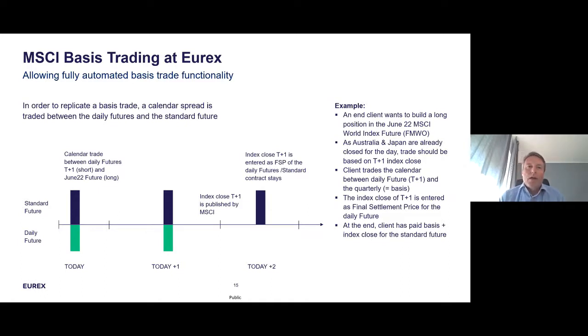What you can do with this new functionality is trade the calendar between a daily future T+1 and the quarterly future, and then that mechanism works as described before. Once the index close of T+1 is there, this is the final settlement price of the daily leg, and then the client has exactly a standard future for which it pays the basis plus the index close.